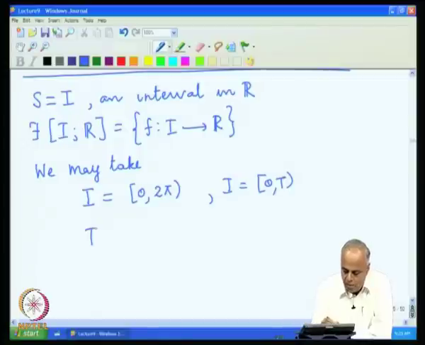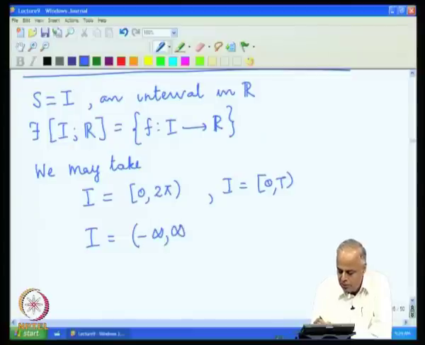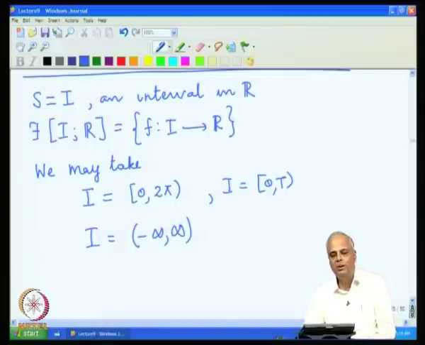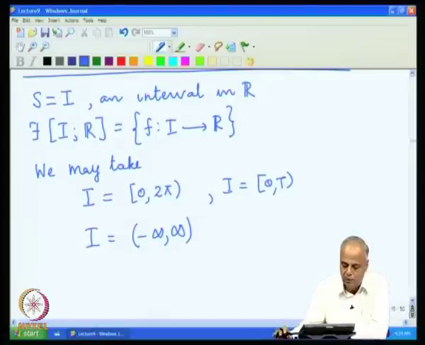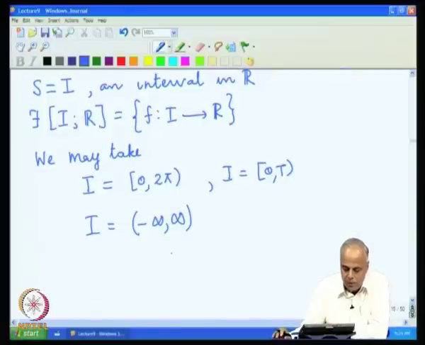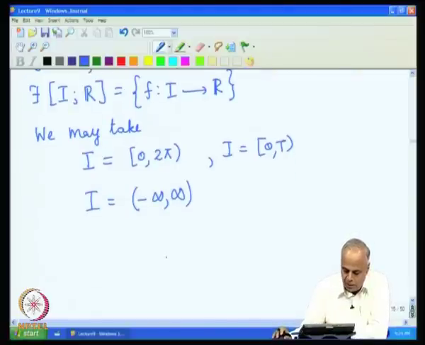We may think of I as minus infinity to infinity, the whole real line. These are the type of functions which we will be talking about when we talk about Fourier transforms, and so different types of intervals will produce different types of situations which will be useful to us in our applications.